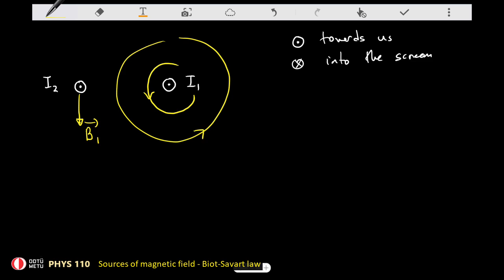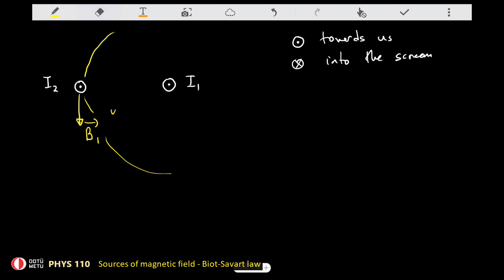So the axes of these circles are the same as the wire itself. We can also understand the direction by using our right hand, which means that there's a circle passing through the second wire. At least on the second wire, this magnetic field is downward, as well as at all of these locations. So let me erase all the other unnecessary ones and then go ahead with the discussion.